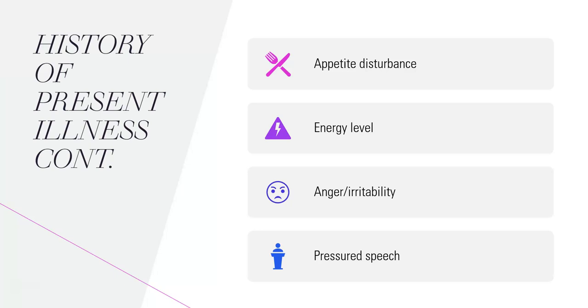Or is their energy level actually through the roof, where they're having periods of increased energy? Are they having any anger, irritability? Does the least little thing set them off? Do they have pressured speech? Now, they may not understand what pressured speech is, but you'll understand when they're having pressured speech when you're doing your assessment.